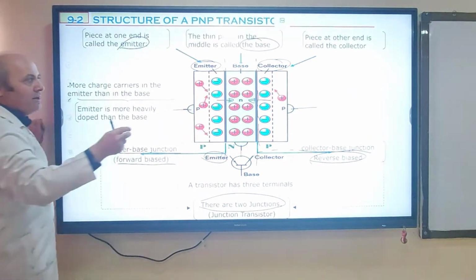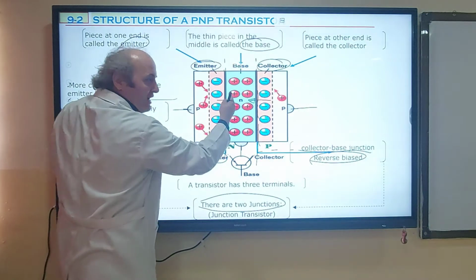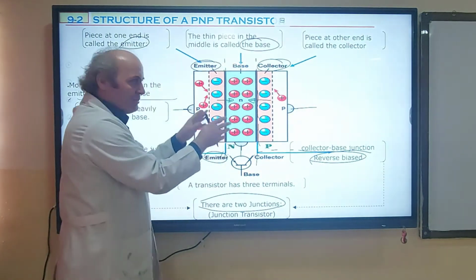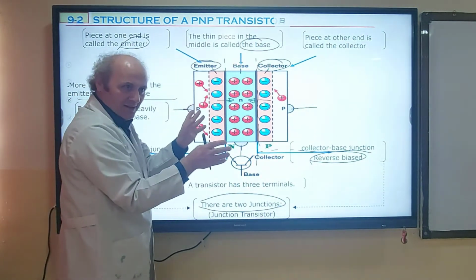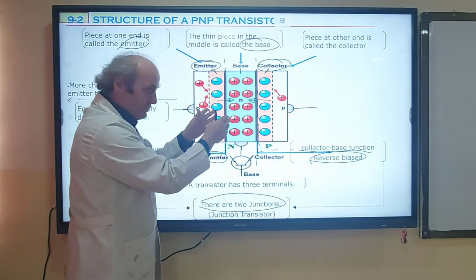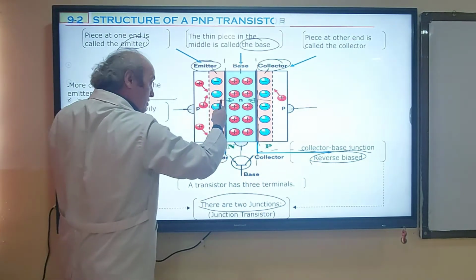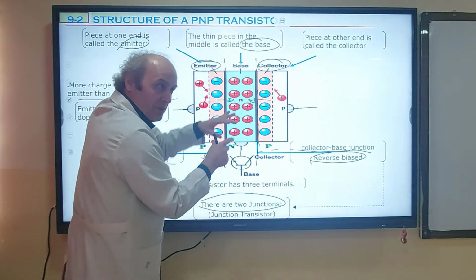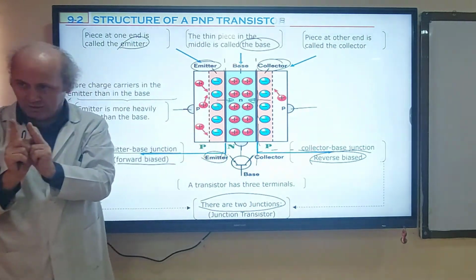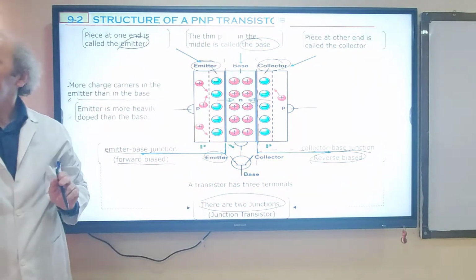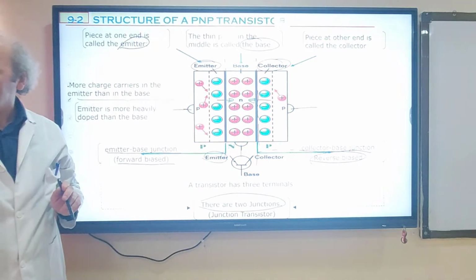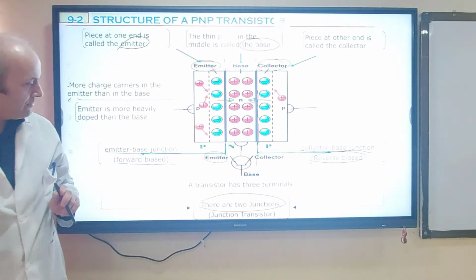The reason is that this is very wide in size, but that is very thin in size. To show this, we make the emitter very great in size compared to the base. The base is so thin. That's why the base has a smaller number of mobile charge carriers.